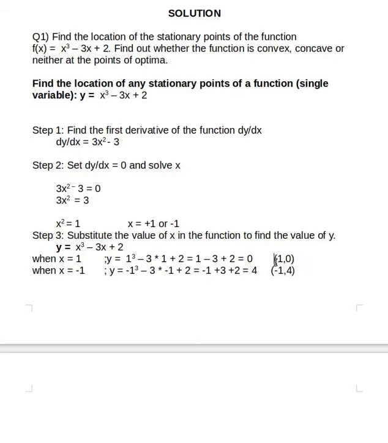So we get one stationary point as 1, 0 and the other stationary point as minus 1, 4. This is how we find the stationary points of a function.